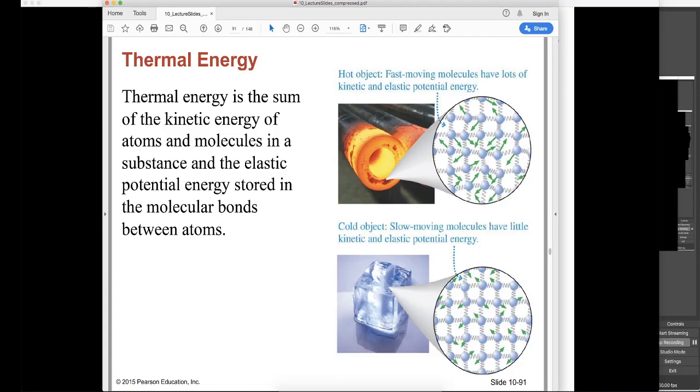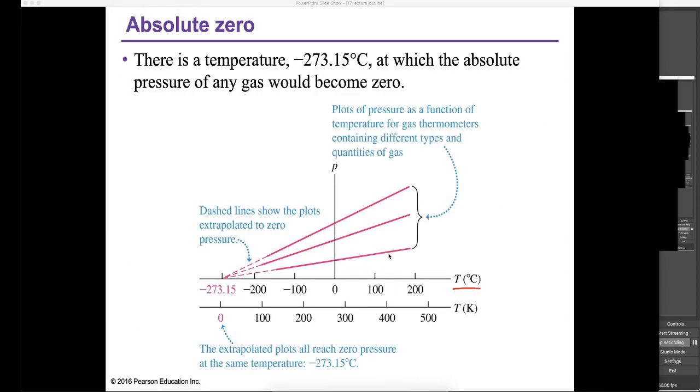However, even for ice, if you zoom in enough to the ice molecules, you will see the molecules are still moving and they're not restricted to the equilibrium positions. So they still have kinetic energy and potential energy. So this is not real zero temperature.